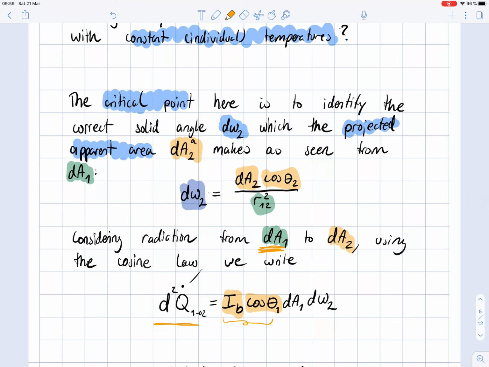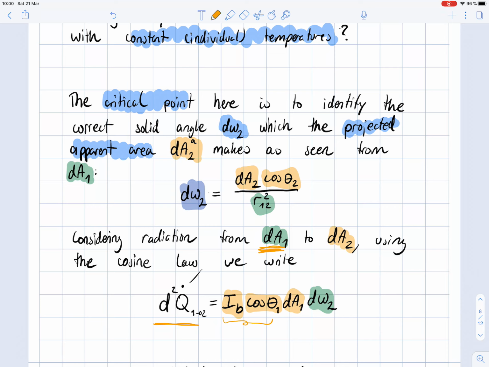Then we have to multiply this with dA1, because that's the area from which the radiation is emitted. And it goes into this dW2. So that's sort of representative of the area that surface number 1 sees of surface number 2.